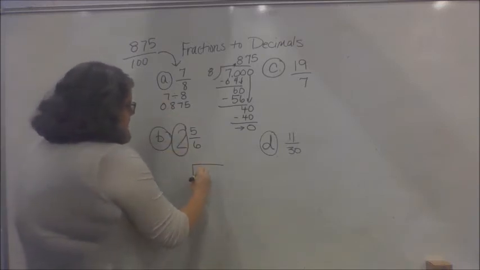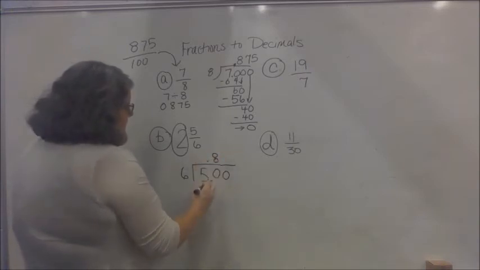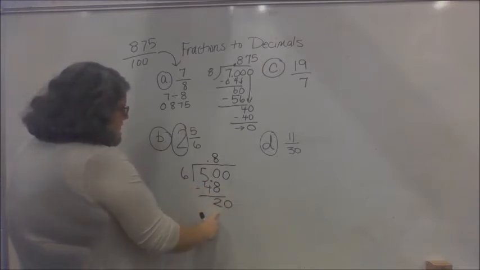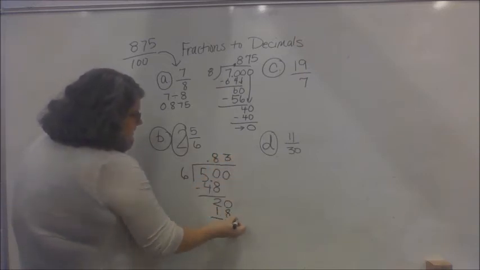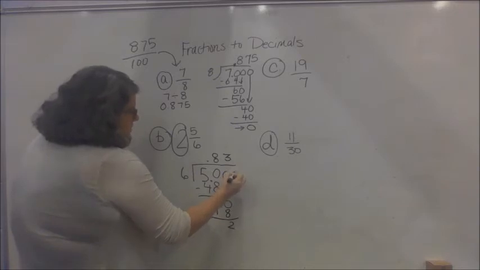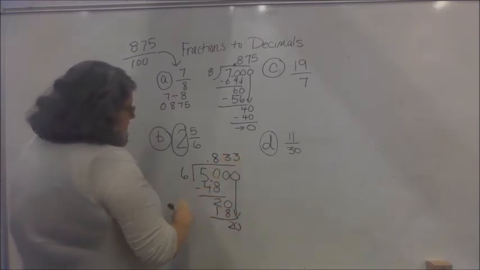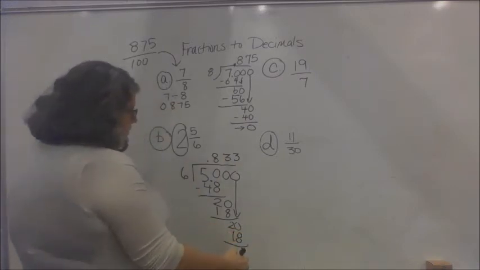So again, a numerator divided by denominator, and out of habit, I'm going to add my 2 zeros. 6 goes into 50 8 times, which is 48. 6 goes into 20, how many times? 3 times, which is 18. And we should see at this point that we're going to continue to have a remainder of 2.